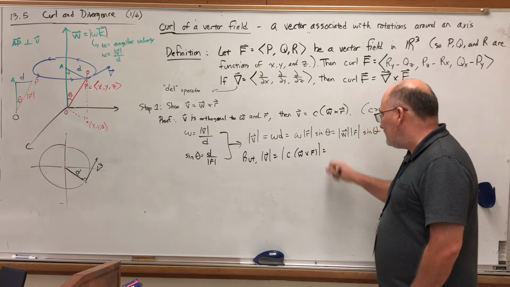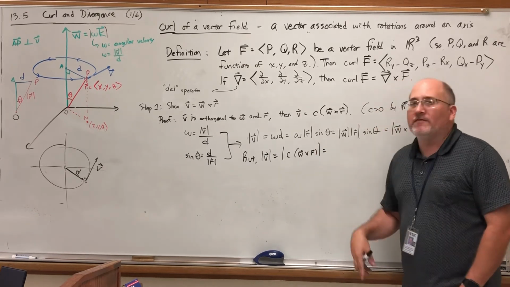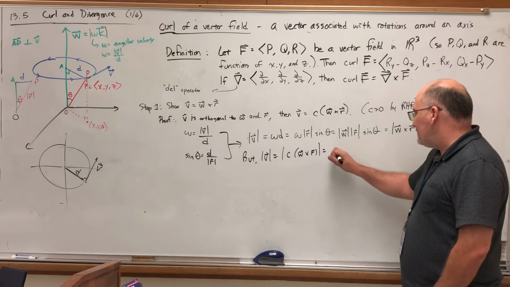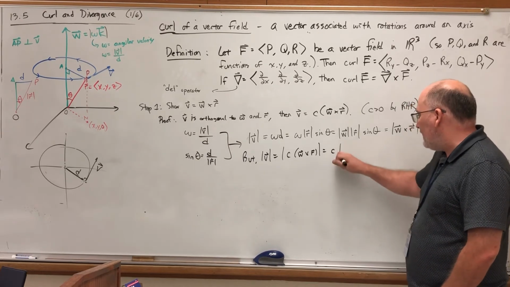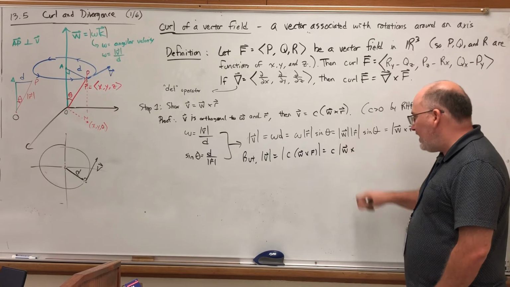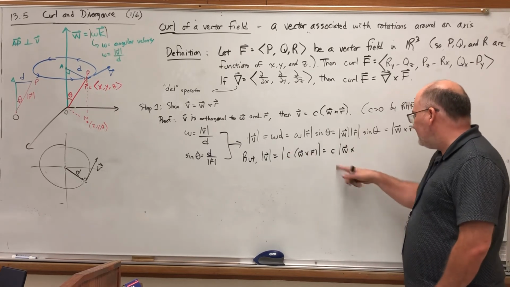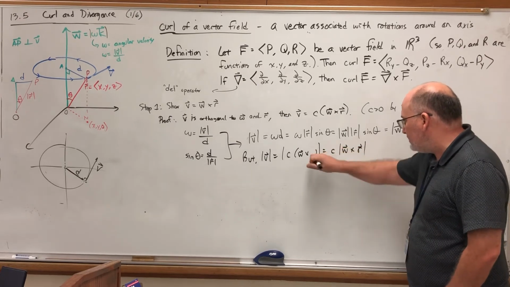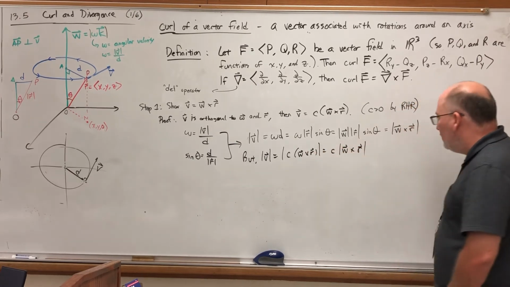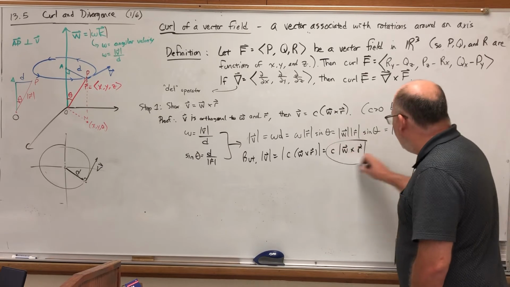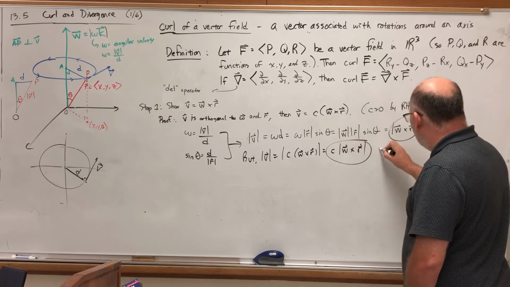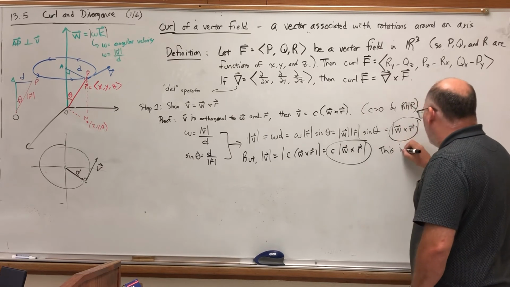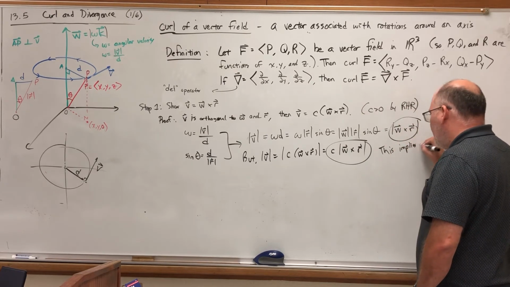C is positive, so we can factor it out. Any scalar you can factor out of a cross product as long as you take its absolute value. But since it's positive, we don't have to take its absolute value. And we have that the magnitude of V is equal to C times the magnitude of W cross R. That's an R there, it looks like an F. Well, the only way these two can be equal to each other, because they both equal the magnitude of V, is if C is equal to 1.